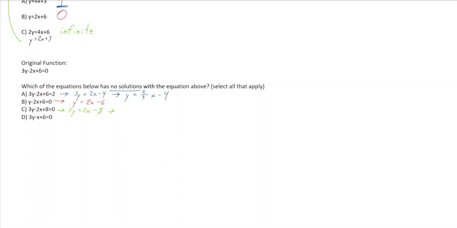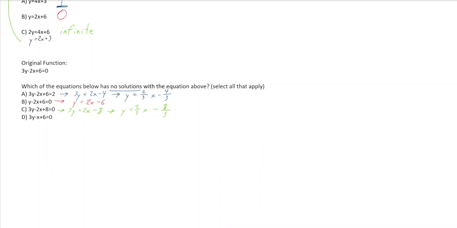But that's not done yet because we have to divide by 3 everywhere. So 2 over 3 x minus 8 over 3. And actually, I'm just seeing it right now, I made a mistake with my blue one. It's 4 over 3. I forgot to divide by 3 there. But it doesn't really matter. You'll see in a second.